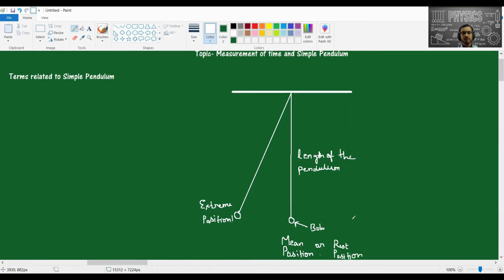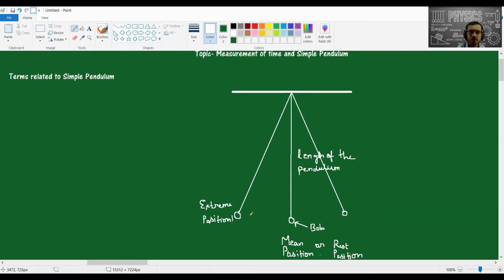Clear? Similarly, the other extreme position. So on both the ends, it will go up to the same height.